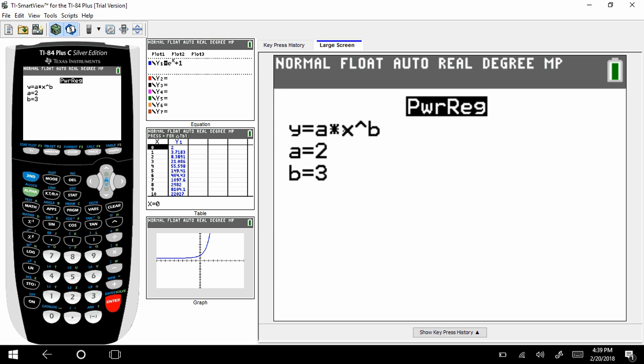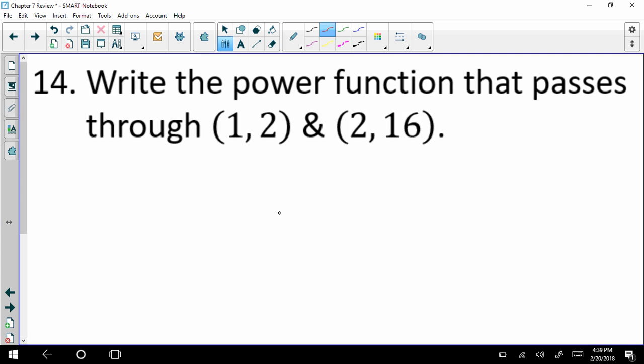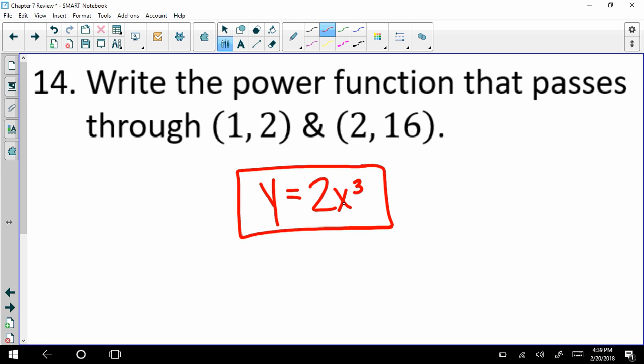Okay, so again, it tells you what the equation should look like. And so this is different than the exponential because the x is now the base number instead of the exponent. So we have y equals 2 times x to the third power. So the power function, the x is the base number.